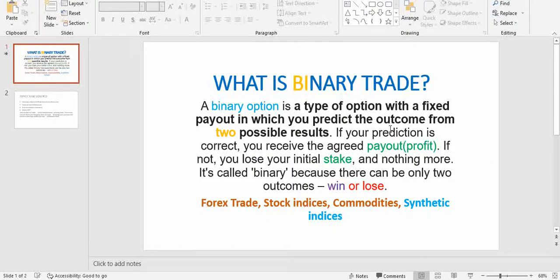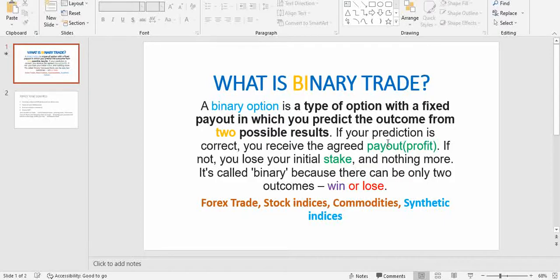So what you do is predict the outcome of two possible results. If your prediction is correct, then you receive the agreed payout, and you take the payout minus your stake, then you get the profit. If your prediction is not right, you lose your initial stake and nothing more.